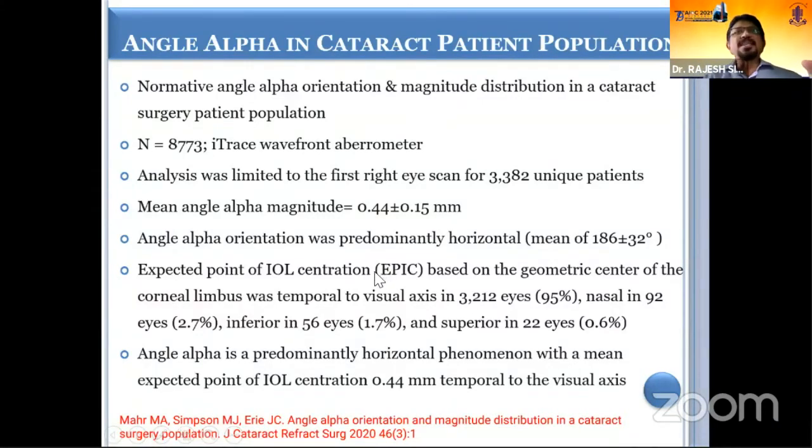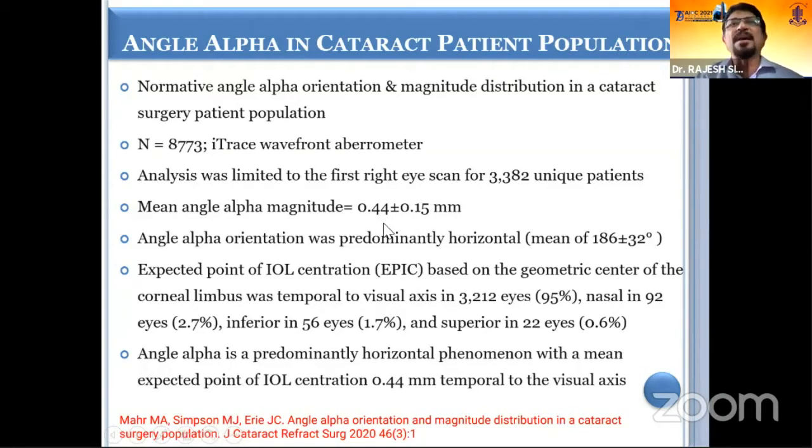This is one interesting study, and I'll just have 2-3 more slides. This is a very interesting study on the angle alpha in the cataract patient population. This was an analysis of 8773 patients, limited to the first right eye scan of 3382 unique patients.